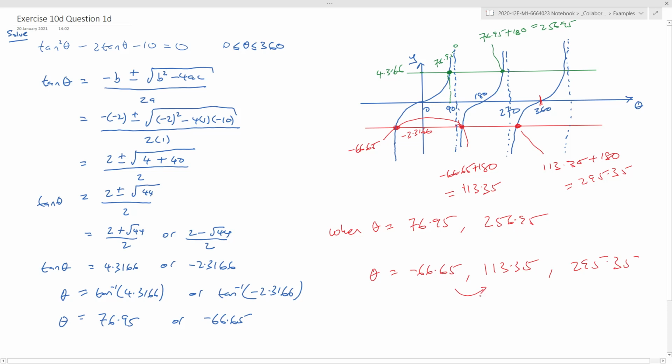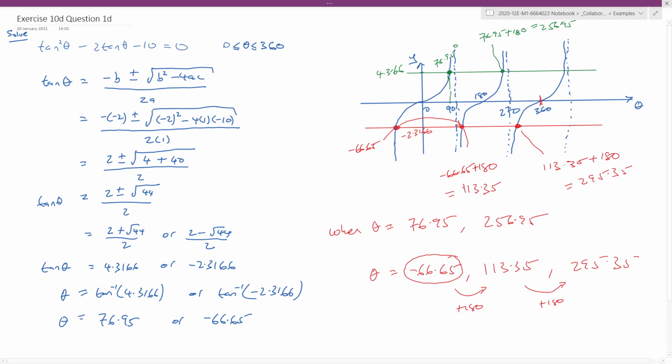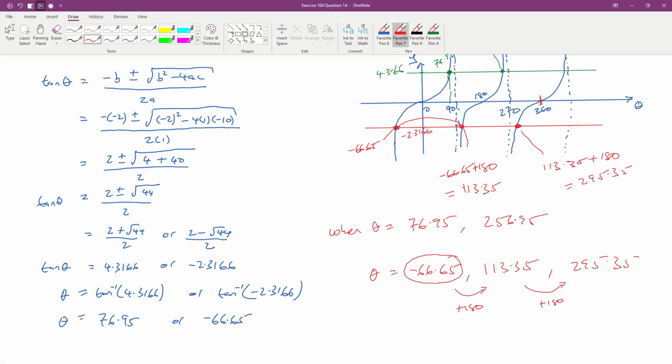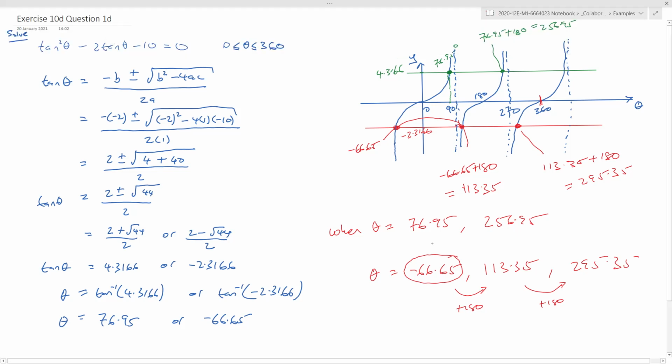All we're doing is just adding 180. Now this solution here doesn't fall within the range, so we can cross it out. But the others all fall within the range. Same thing here, that's plus 180. So you can plus or minus 180 to make sure you fall within the range. Good, hope you understand that. Any more questions, let me know.